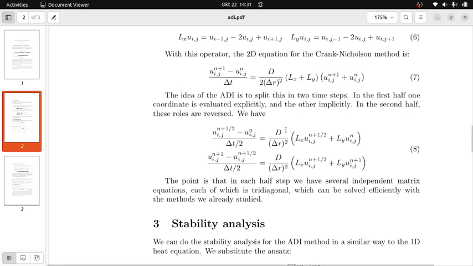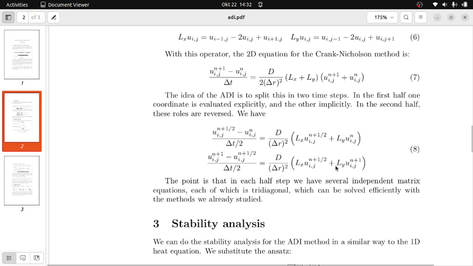So here, for example, we are going from u^n to u^{n+1/2}, but we are evaluating the central difference of y at the time step n, and the difference of Lx at the time step n plus half, right? And when we go from n plus half to n plus 1, these roles are reversed.